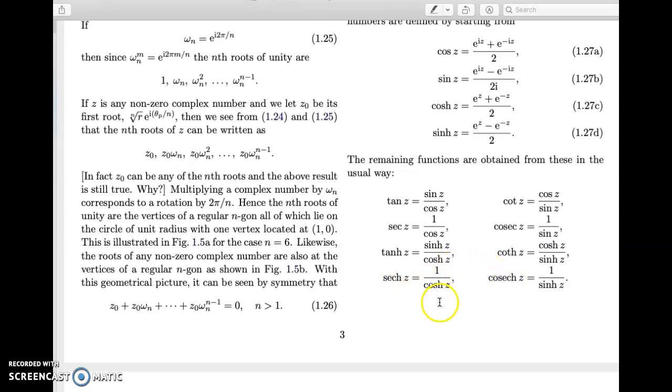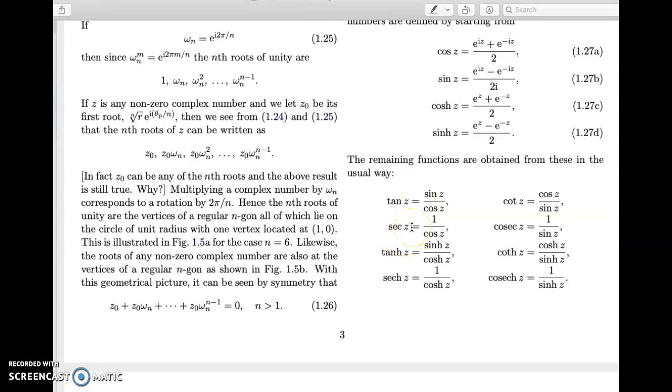Out of these functions, you might like to think which are physically the most useful, and why would a function be physically most useful? Well, a function which is physically useful is one which doesn't have an infinite value anywhere. So obviously tan has an infinite value when, for example, z is pi by 2.